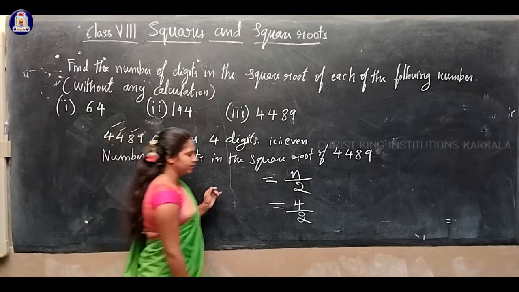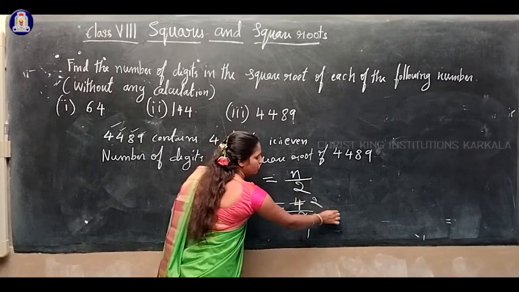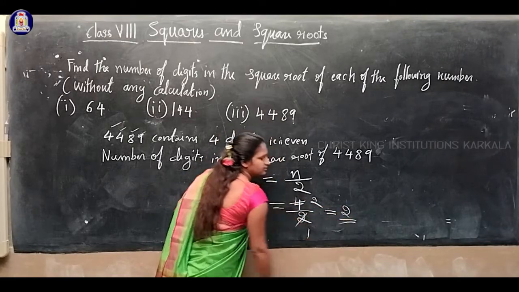Simplify: 2 ones are 2, 2 twos are 4. So what is the answer? The answer is 2.